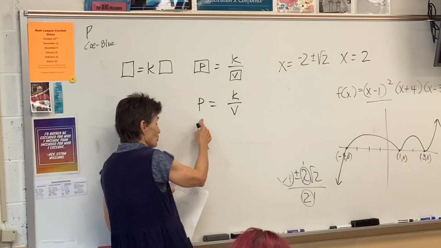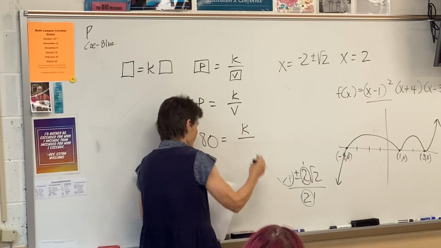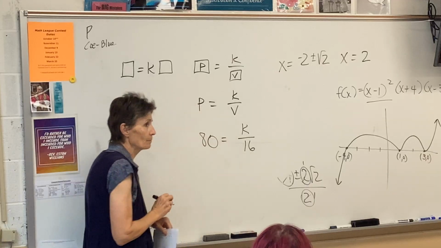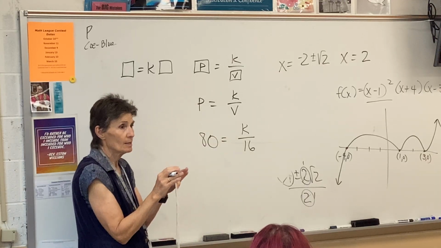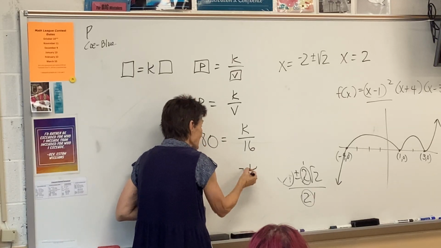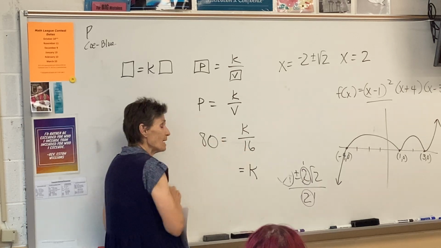If the pressure is 80, the volume is 16. Now, force yourself to stop there because that tells you what K is, doesn't it? What's 80 times 16?